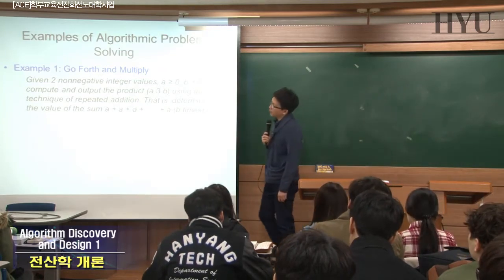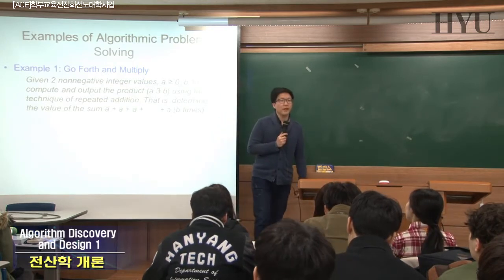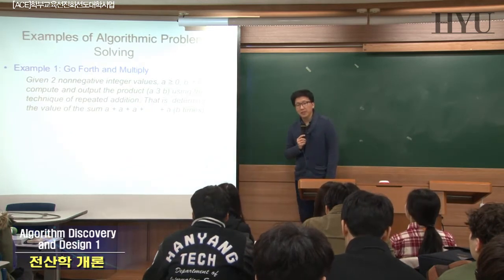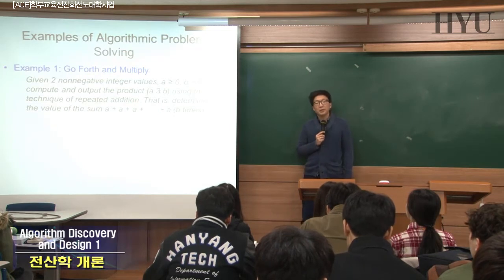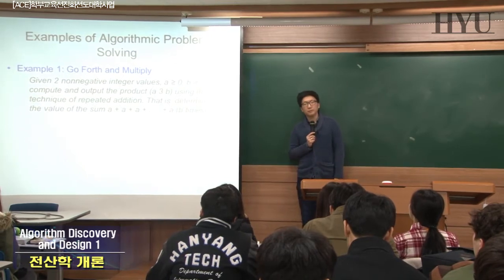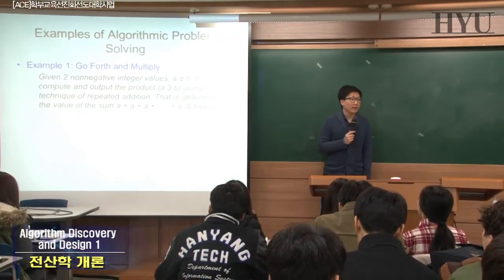It's more of a natural language problem: given two non-negative integers, A and B greater than 0, if you wanted to build a program that uses B number of additions of A. Right?